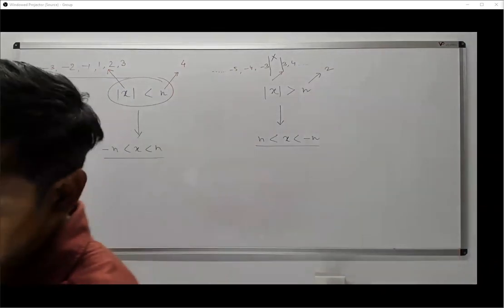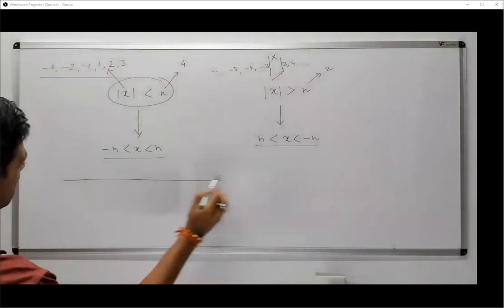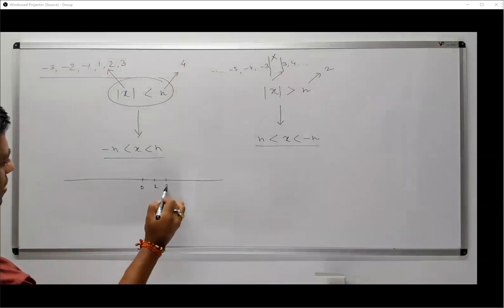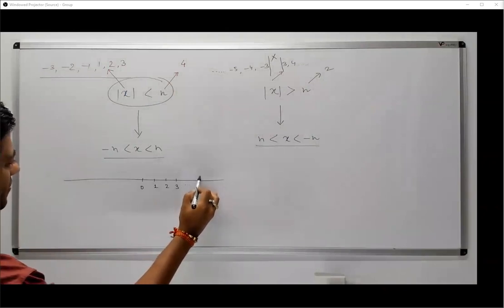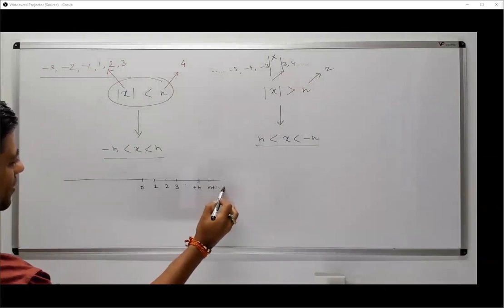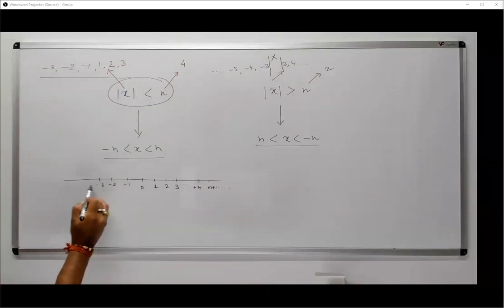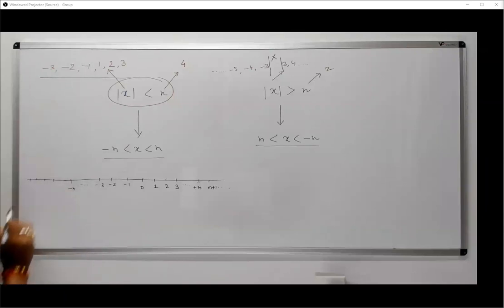If you want to draw this on the number line, let's say this is 1, 2, 3, like this, this is n, positive n. And positive n plus 1, whatever, it continues. Minus 1, minus 2, minus 3, negative of n, and then here it continues.